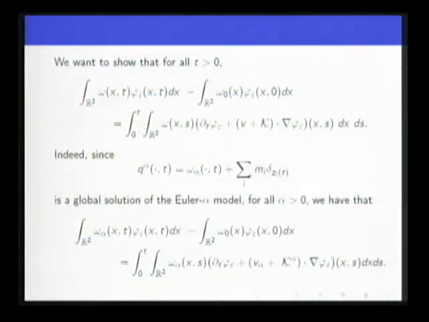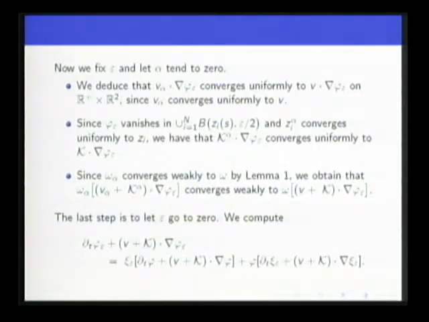So we use the fact that V alpha converges uniformly to V. Therefore, this term here, V alpha dot grad phi epsilon, converges uniformly to V dot grad of phi epsilon. Afterwards, we use the fact that by definition our phi epsilon vanishes at the union of balls centered at the point vortices of radius epsilon over 2.